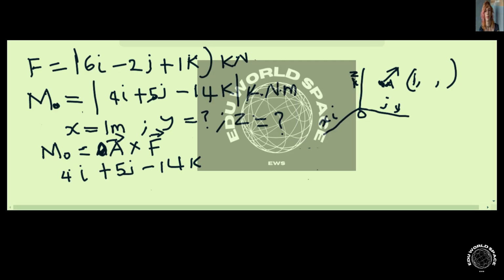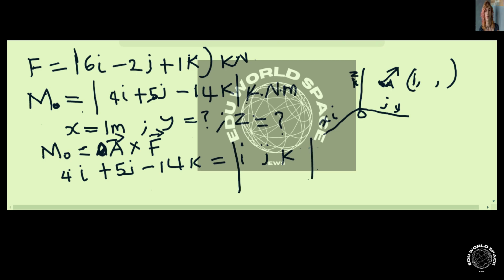So we can now form our matrix. We are going to have i, j, k.